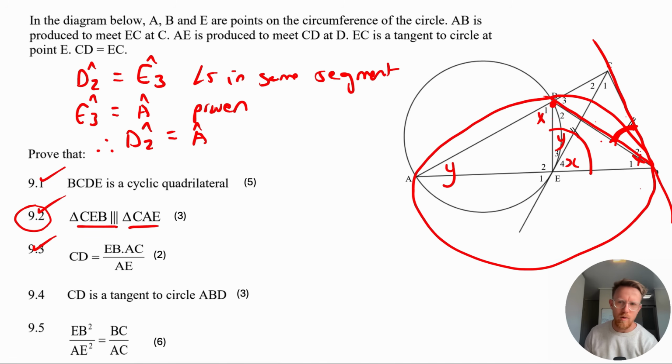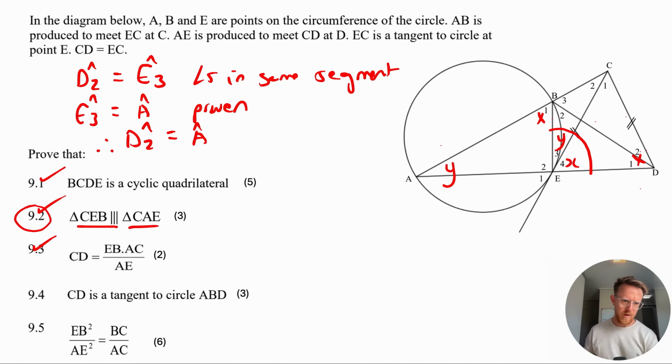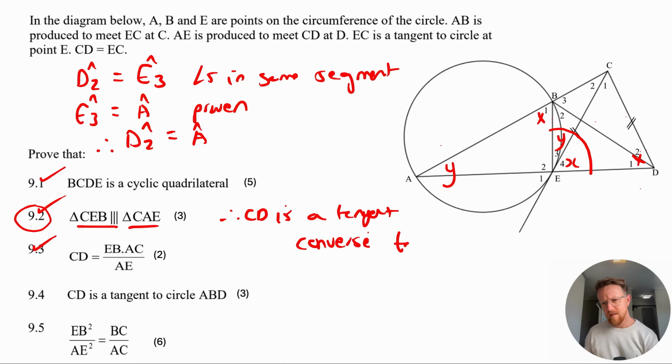And so that is when I said, okay, put your finger on the edges of that chord and then take your fingers together, boom, boom, and it made this angle over here. Okay, so we can then say, therefore, CD is a tangent, and that's just because of converse tan chord theorem.